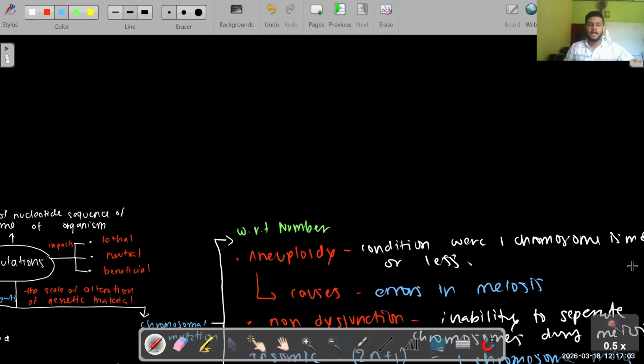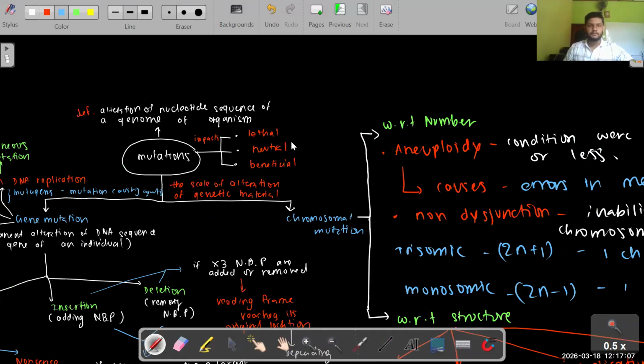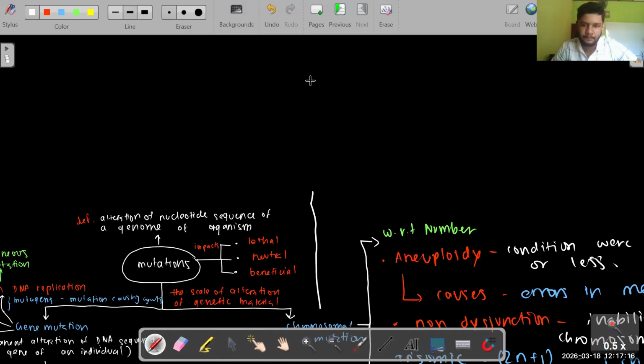And last, we are coming to chromosomal mutations and their disorders. Let's come to the disorder part. There are three disorders, right? What are they? Down syndrome, Turner syndrome, and Klinefelter.